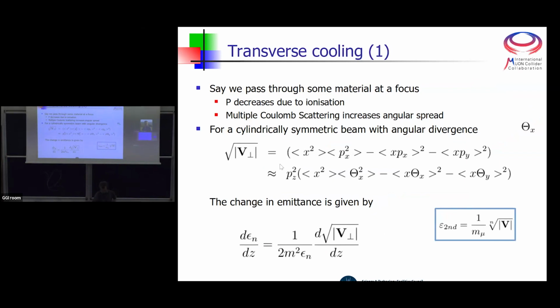So this is like the 4D transfer matrix. So how does this emittance expression change? We can write down that the change in emittance with Z is equal to the change in this covariance matrix with Z.